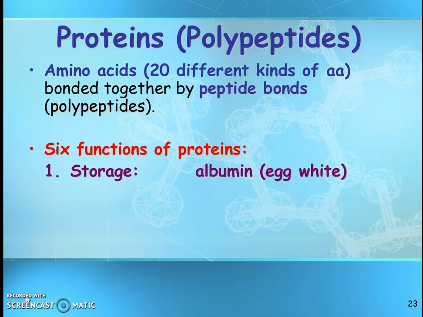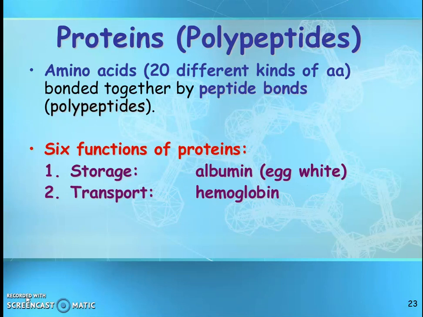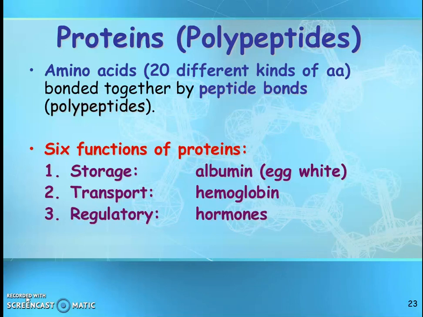One, they help in storage, like albumin in the egg, which stores protein. Transport: hemoglobin is a protein which helps in the transportation of oxygen in your body. Regulatory: hormones are various regulatory substances which act in various metabolic activities in the cell.